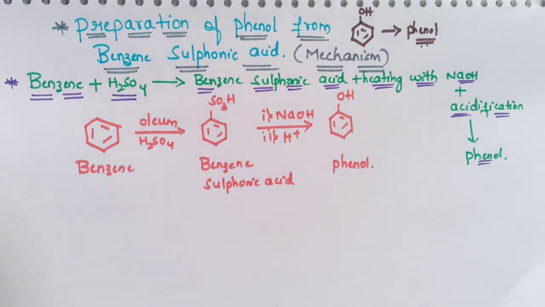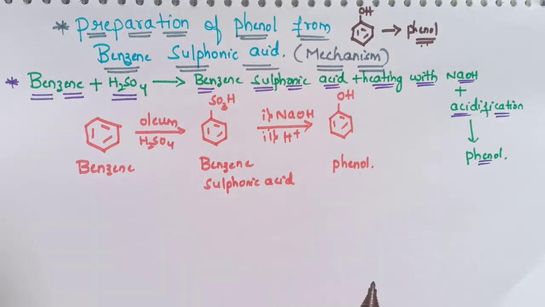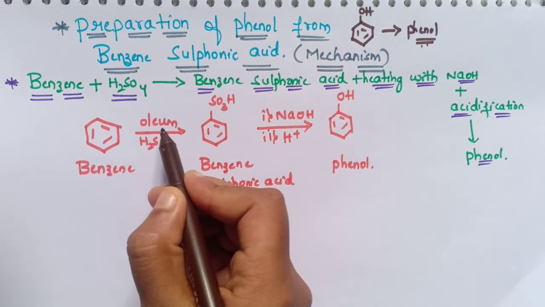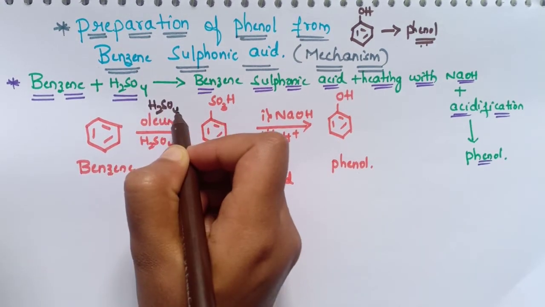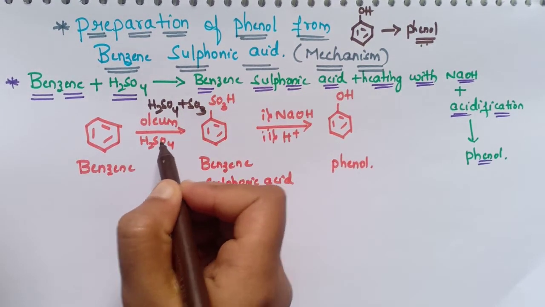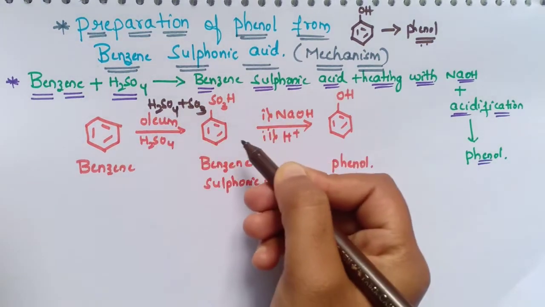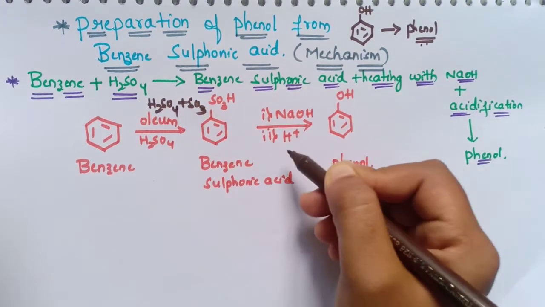Now here we are preparing phenol from benzene sulfonic acid. So now let's see the reaction for this preparation. When benzene is treated with H2SO4 or oleum, oleum is a combination of H2SO4 plus SO3, it will give rise to benzene sulfonic acid, and by heating with NaOH and further acidification we will get phenol.